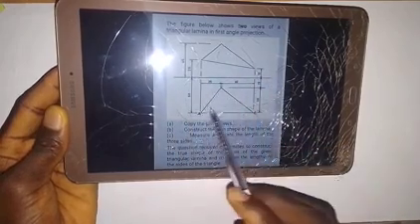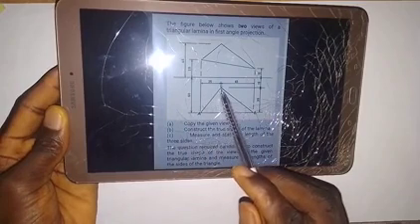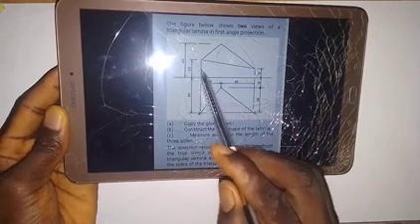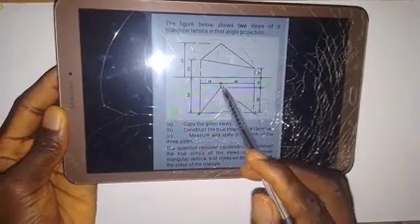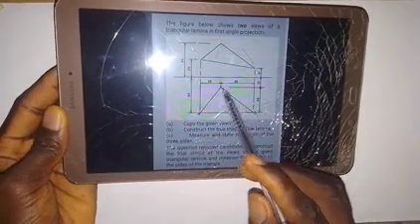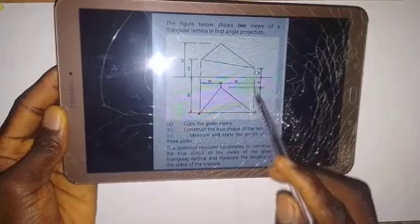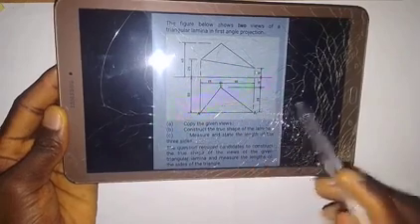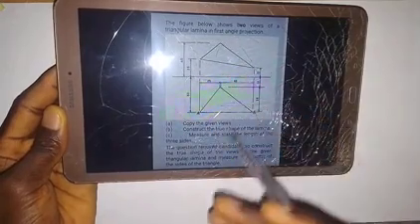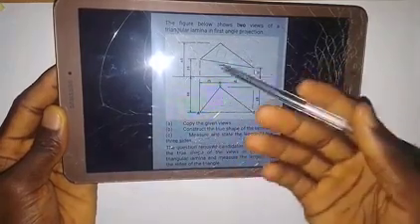Then for the horizontal dimensions, the distance of this point C from this point A on this line is 25, and the distance of point C from point B on the horizontal is 45 millimeters. So we are going to make use of these dimensions, and then we reproduce the given views. So let's see how it goes.